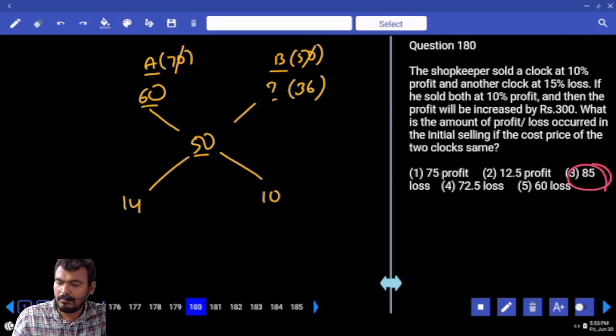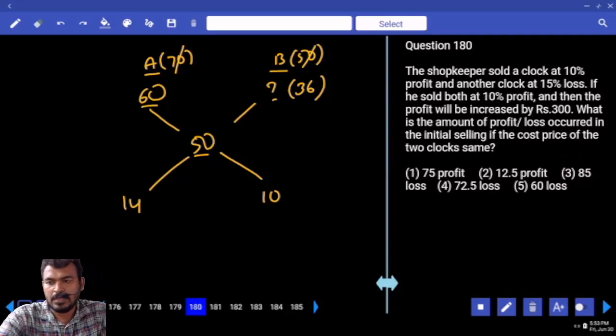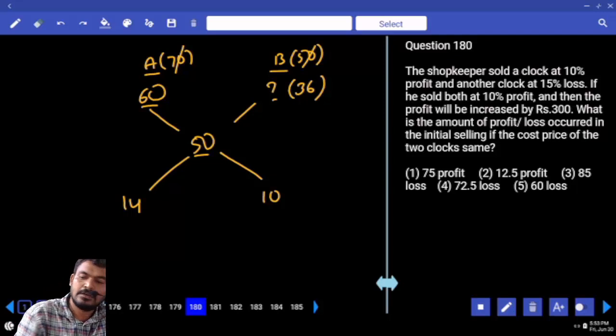Next question number 180. The shopkeeper sold a clock at 10% profit, another clock at 15% loss. If he sold both at 10% profit, then the profit will be increased by 300. What was the amount of profit or loss occurred in the initial selling if the cost price of the two clocks are the same or different? Same.